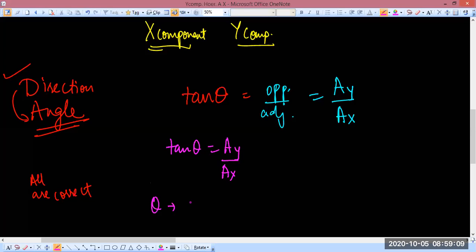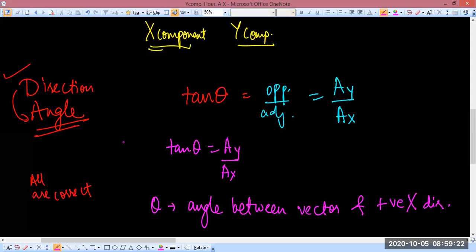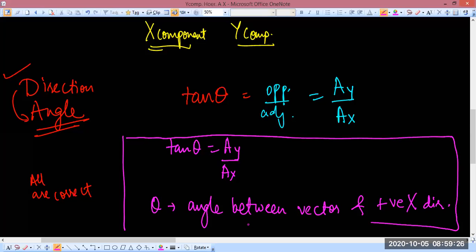What is theta here? Theta is the angle between the vector and positive x direction. Okay, so this is once again an important relation. Tan theta is AY upon AX, where theta is the angle between the vector and positive x direction.